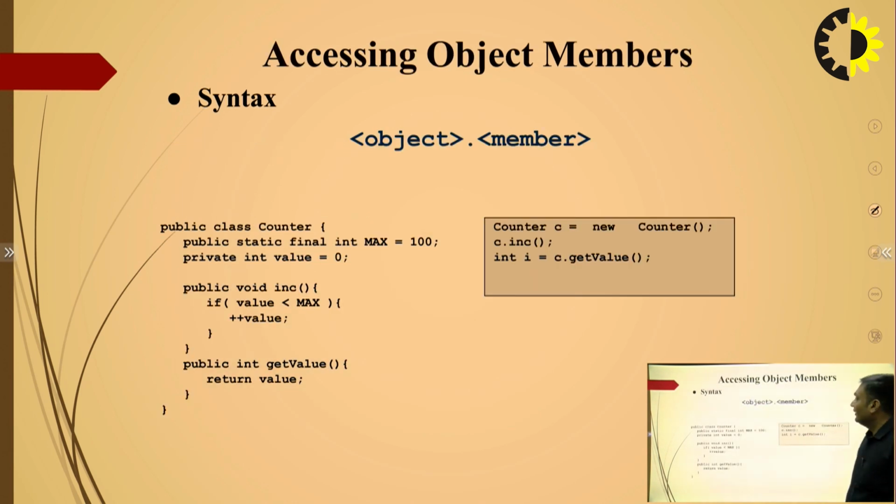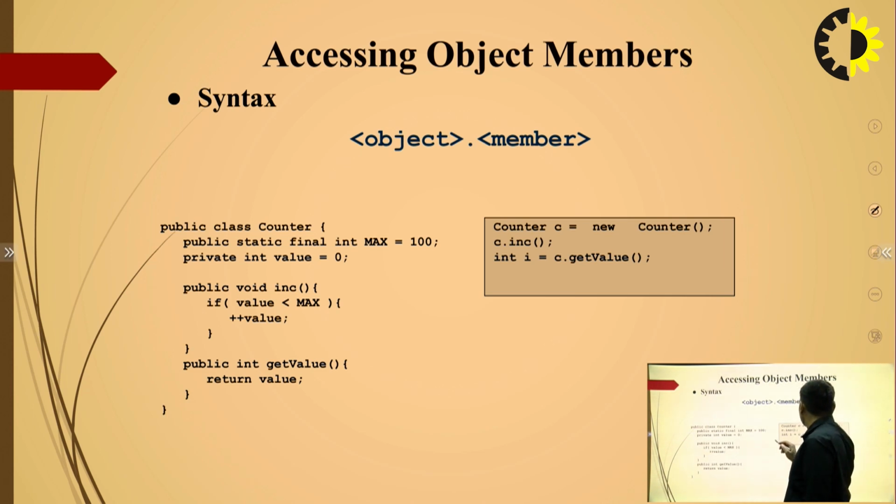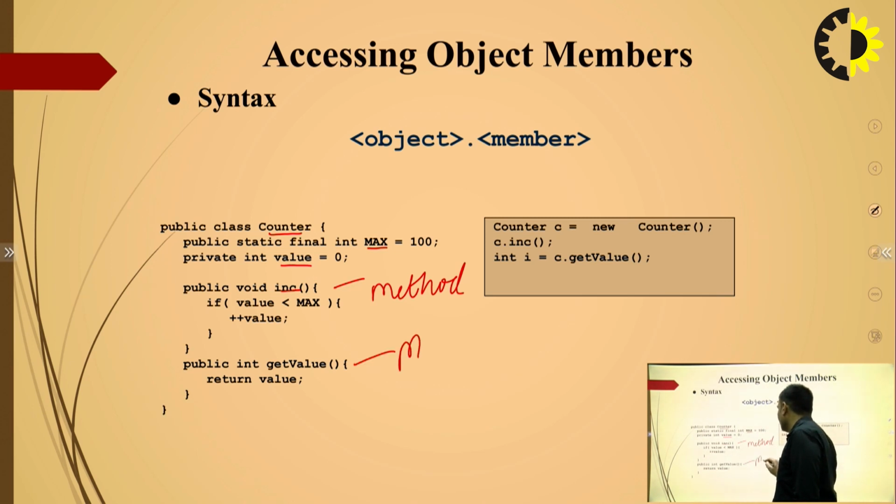Now how do we access the members of the class? To access the members of the class, we need to create an object of the class. For example, I have a class Counter, and these are the two attributes, and this one is a method and this one is a method.